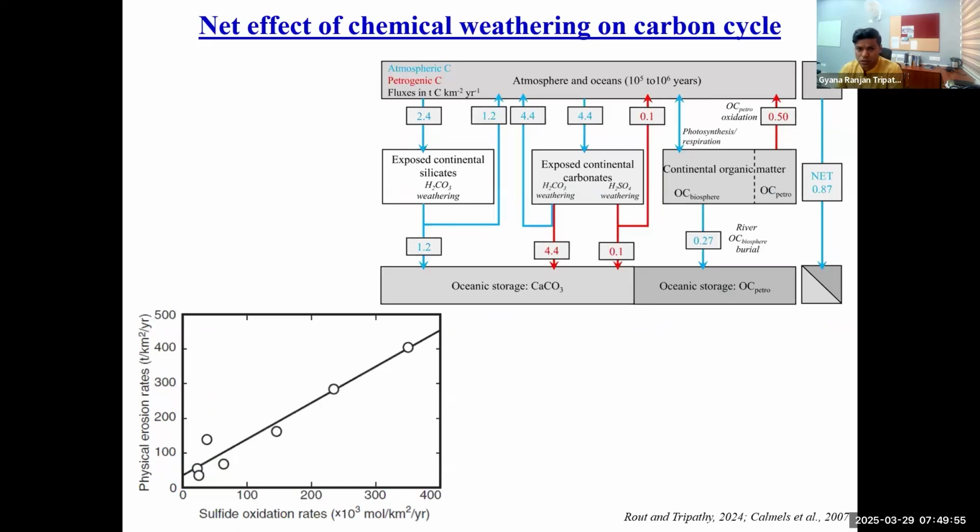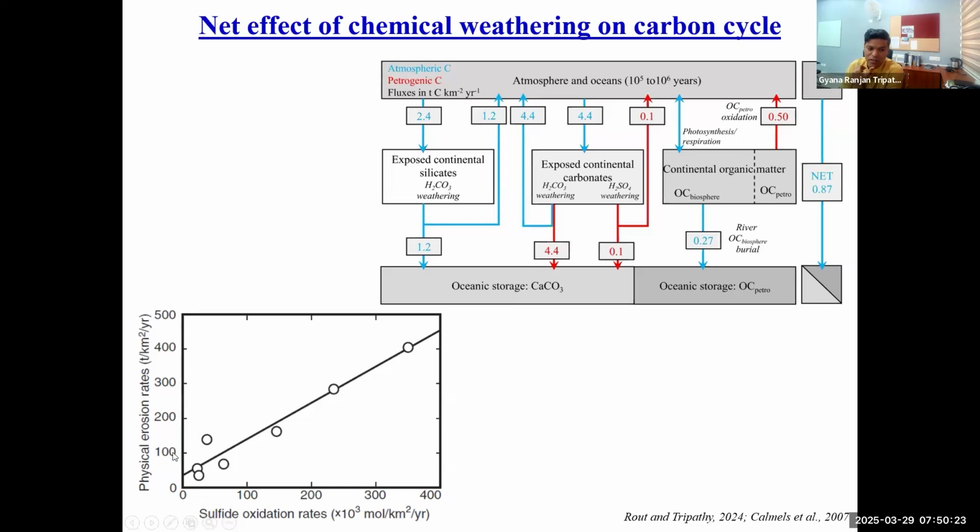The total carbon process and the chemical weathering, the land process effect, is largely complicated. There are multiple pathways, but if you try to focus on the rate of pyrite oxidation in river basins, they are more or less linked to physical erosion. So if you have more physical erosion, you are expected to release more fresh minerals like pyrites, which have faster dissolution kinetics and may dissolve quicker.